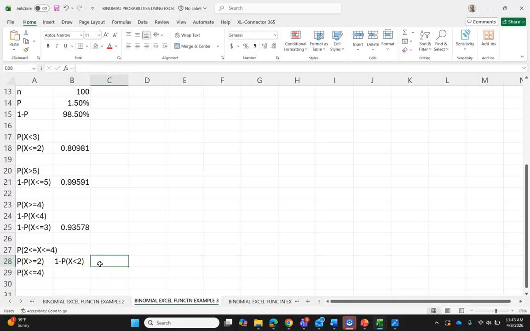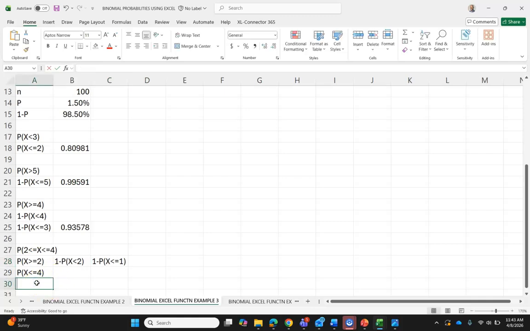So it should be now, because this still cannot satisfy the condition for the binomial distribution Excel function, 1 minus probability of x such that x, we're going to look at the value that is less than 2. It is actually 1 and 0. So it should be x is less or equal to 1. Starts from 1 and below. So that's how we can define this one here.